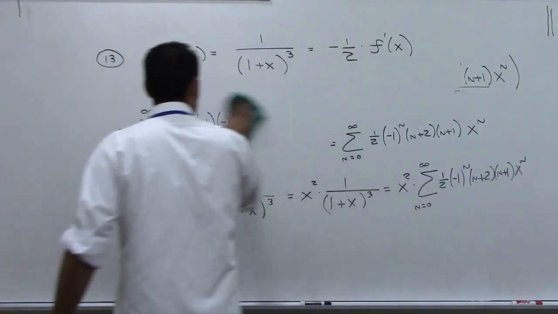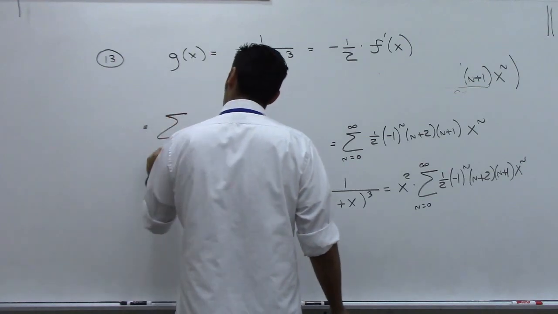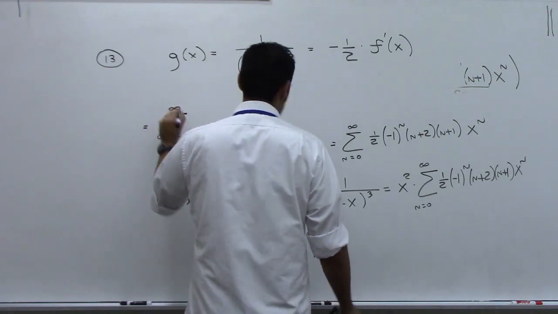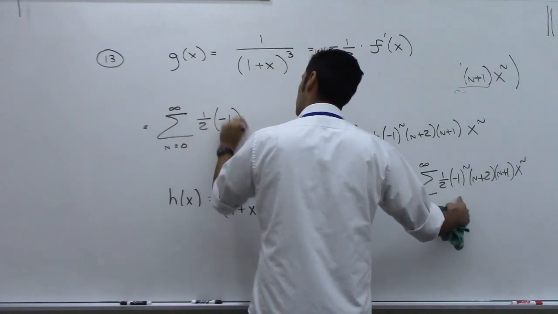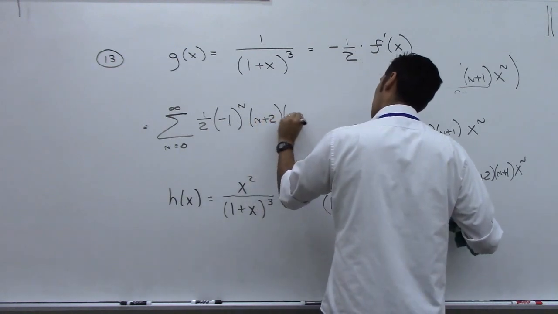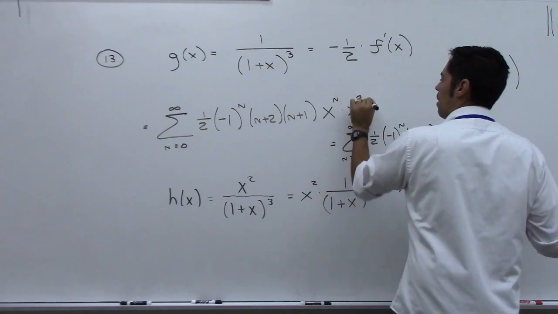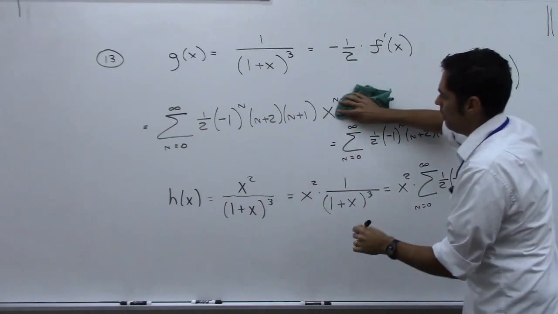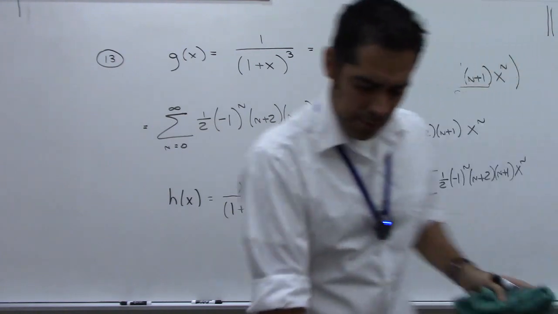And when I do that, I get sum n equals 0 to infinity of 1/2, negative 1 to the n, n plus 2, n plus 1, and then x to the n times x squared. But I'll put those two together and make it x to the n plus 2. And I believe that's all they want for that.